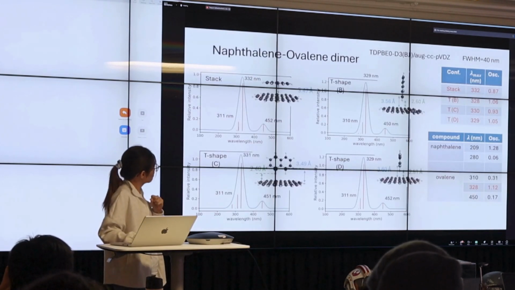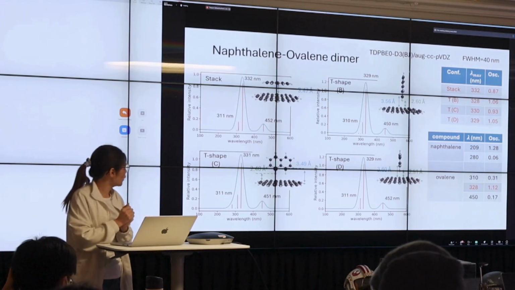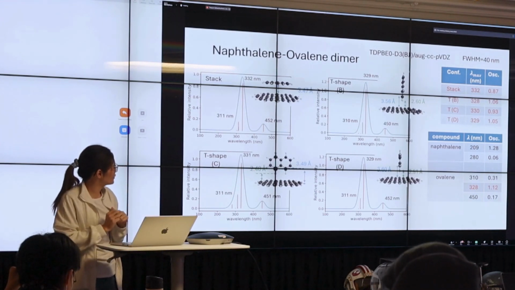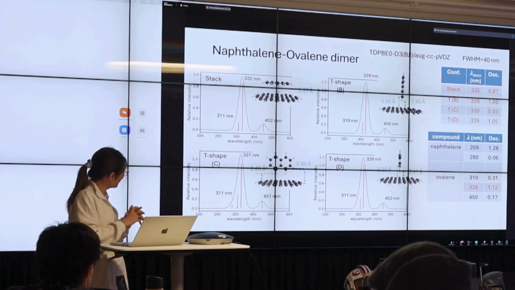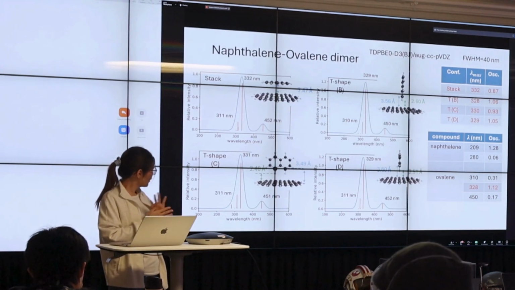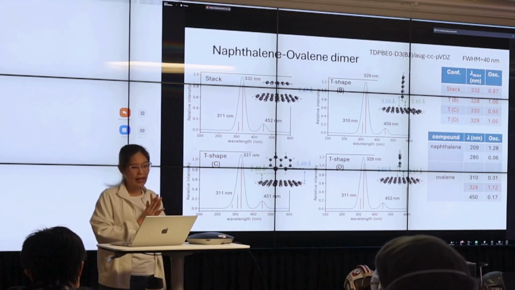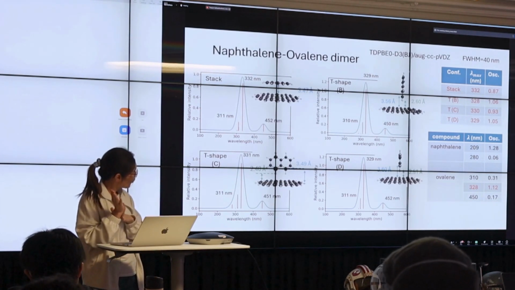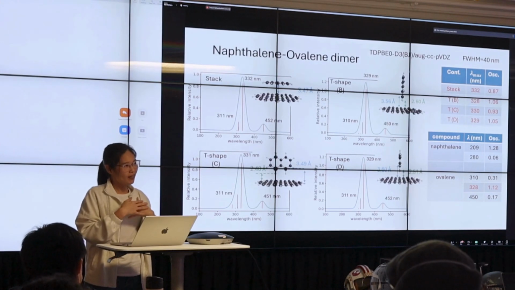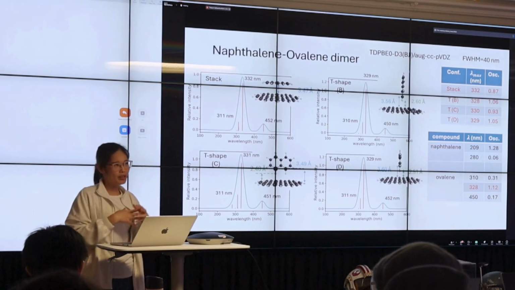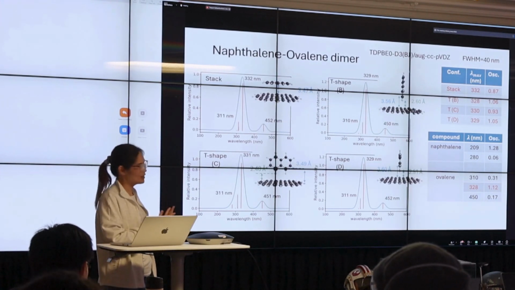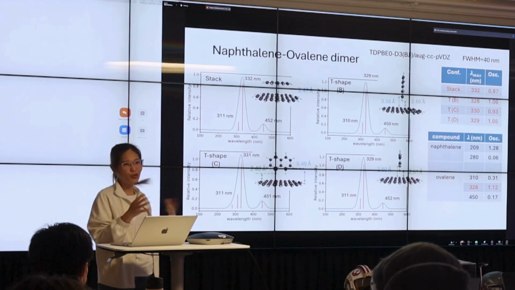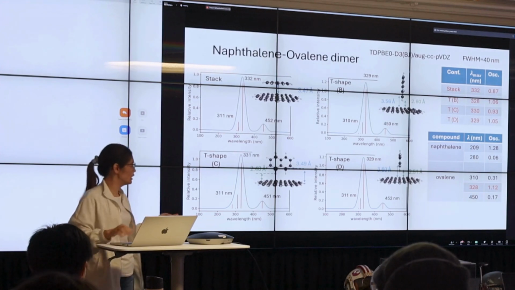Once I do the calculation for each complex at the different configurations, the spectra look quite similar. The lambda max numbers are very close, so it could be either some interaction or some numerical instability.